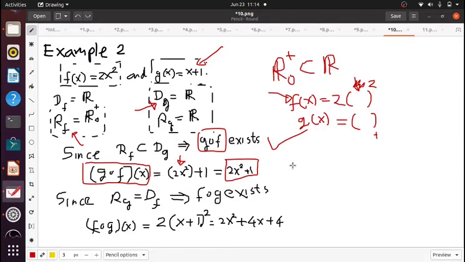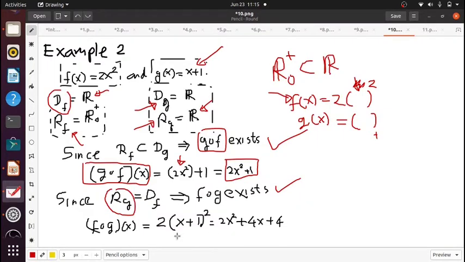Now let's see whether f of g exists. For function f by g to exist, you know that the range of the function g should be a subset of the domain of the function f. Now what about the range of the function g? The range of the function g is the set of real numbers, and the domain of the function f is also the set of real numbers. In this case, they are equal to each other. Therefore f of g exists.